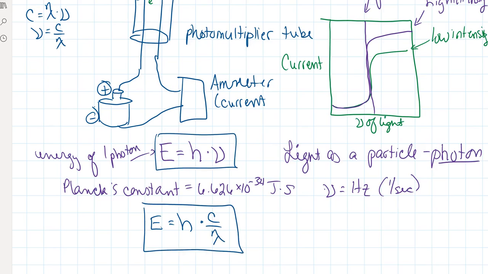And again, some important things to consider here: my lambda is in meters, c is 3.00 times 10 to the 8th meters per second, and h is still Planck's constant. And again, the energy we're calculating is the energy of one photon.